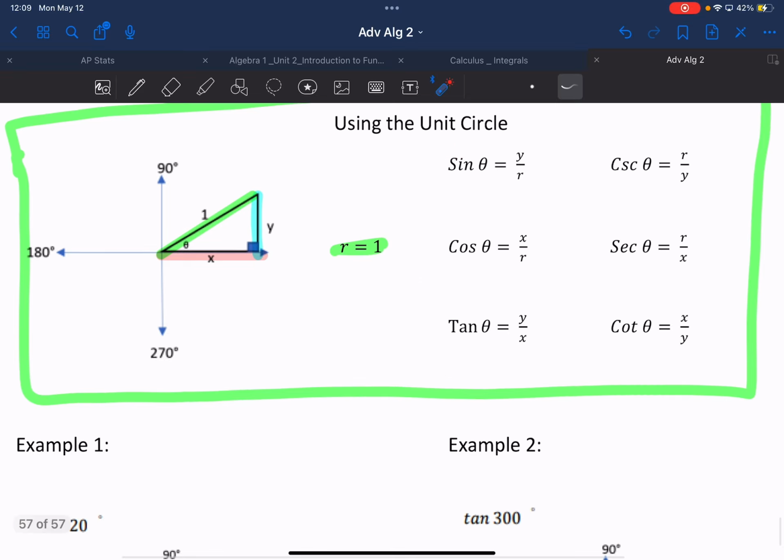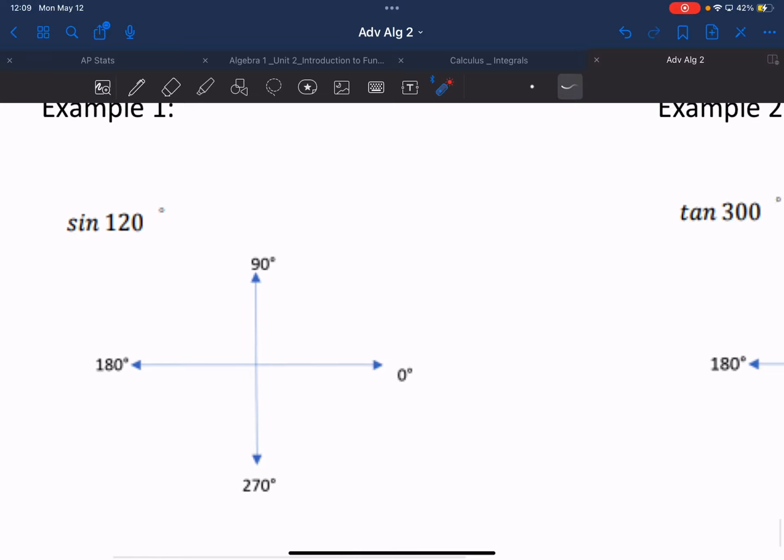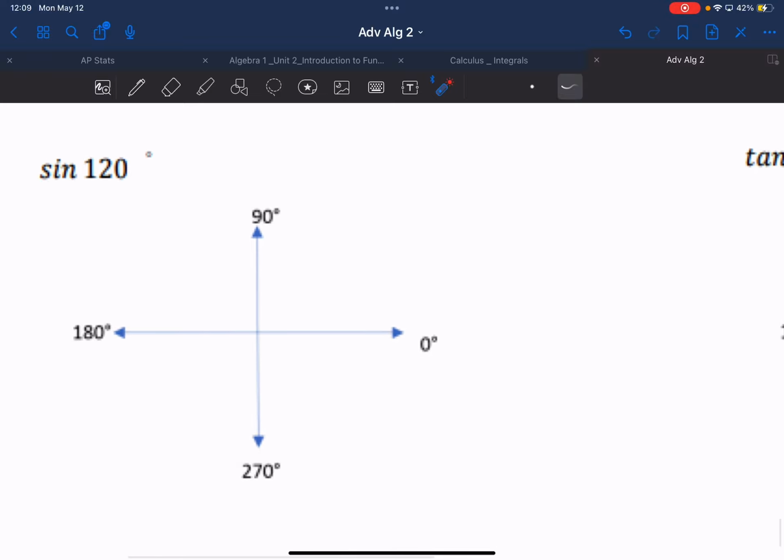So in the first example here, it wants us to find sine of 120 degrees. So first we have to think, if we look back at our unit circle, which quadrant is 120 degrees in? 2. Okay, so I'm going to go here, and I know that 120 degrees is right here.